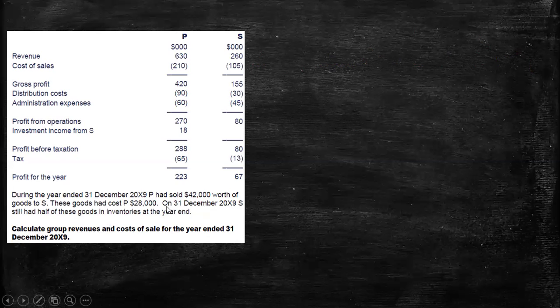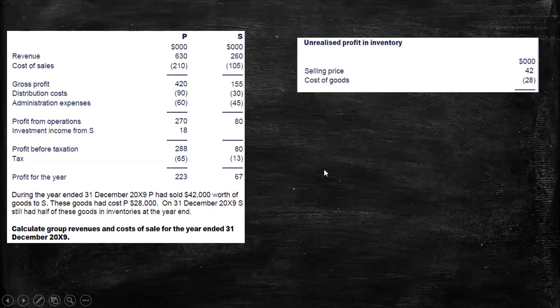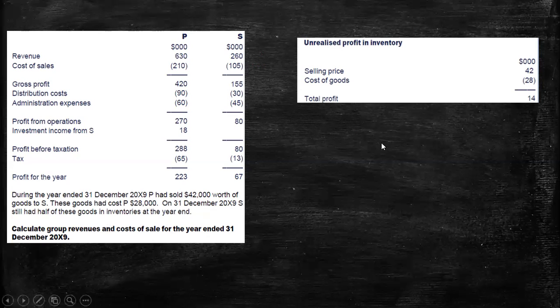So originally, when the goods were sold by the parent to subsidiary, the unrealized profit on this would have been 14,000. 42,000, the sales value of the goods, minus the cost of the goods. So unrealized profit on these sales made by parent to subsidiary would have been 14,000.